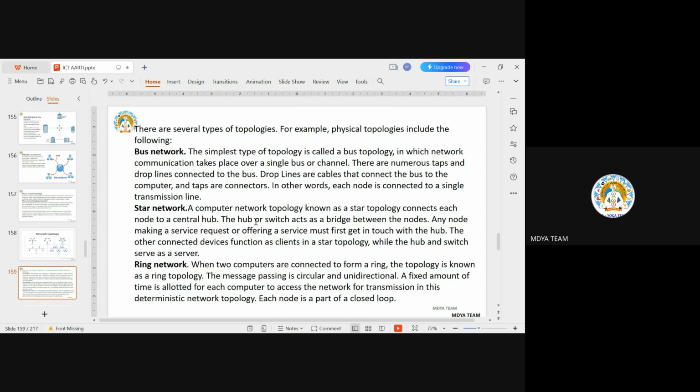Suppose I want to share information with someone: first it will go to the hub, then through the hub it will connect to the other PC. So that is the star network topology.